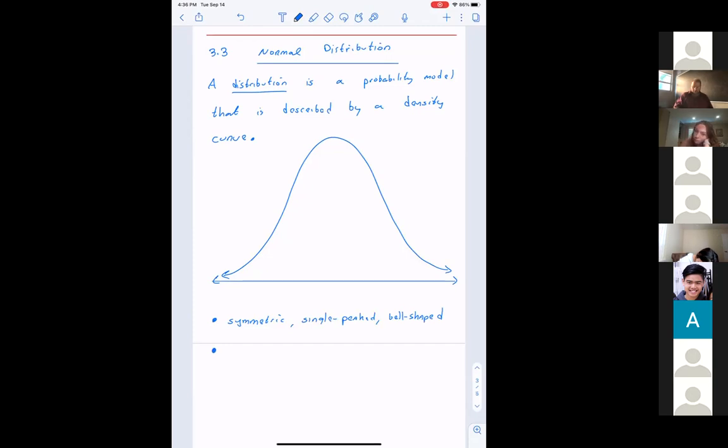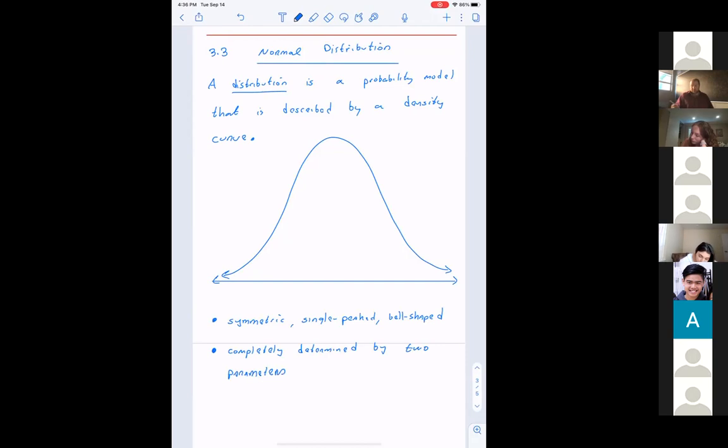Every normal, well, I'm not going to say every normal, but completely determined by 2 parameters.